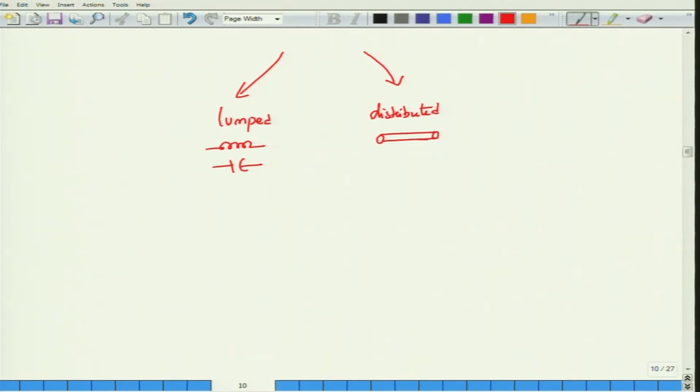Usually lumped elements are okay up to say 2 to 3 gigahertz. Beyond this, the dimensions that are required to realize an inductor or a capacitor become so prohibitive that you simply go to the distributed or the transmission line approach, and here you can either use an open circuited transmission line or a short circuited transmission line.